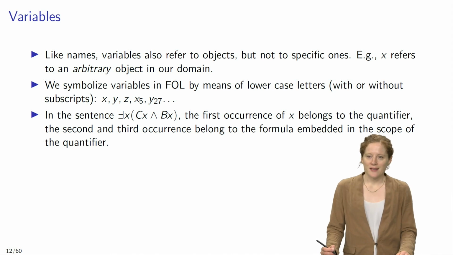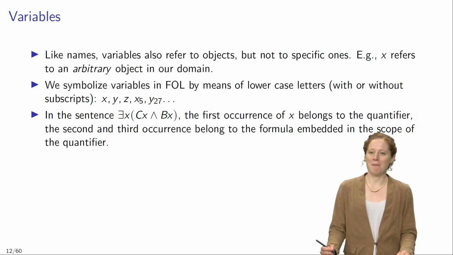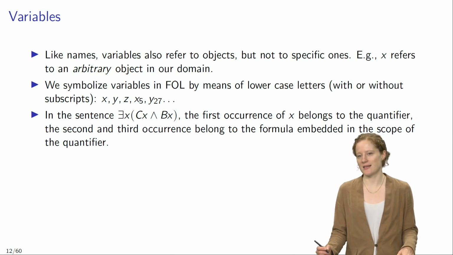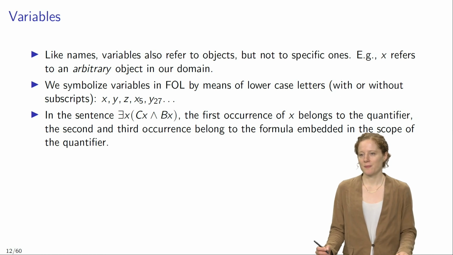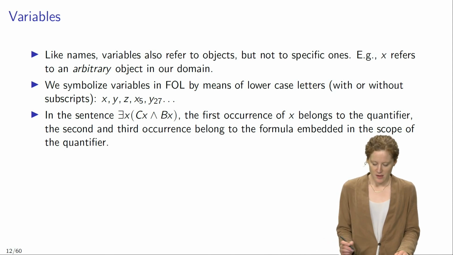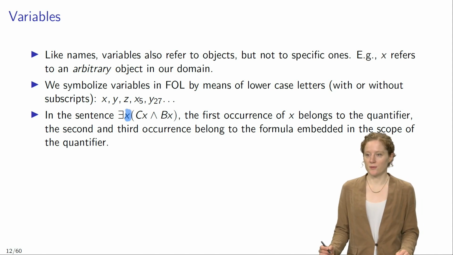Now, when you look at a quantified sentence, in most cases, you're going to see multiple occurrences of a given variable. So for example, in the sentence here, you see three occurrences of the variable x. There is an x such that Cx and Bx, and here the different occurrences of the variable x play importantly different roles. The first occurrence belongs to the quantifier.